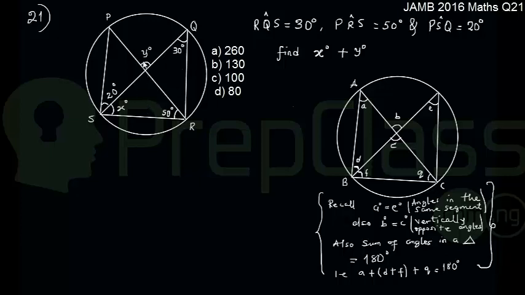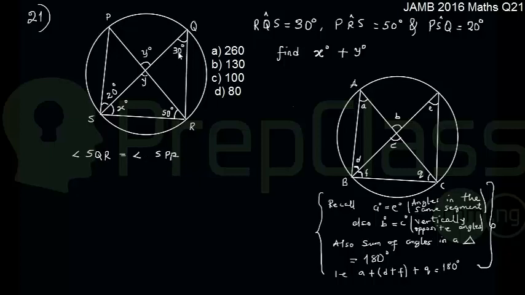If this is y degrees, the angle here should also be y degrees since they are vertically opposite. Also, angle SQR will be equal to angle SPR.